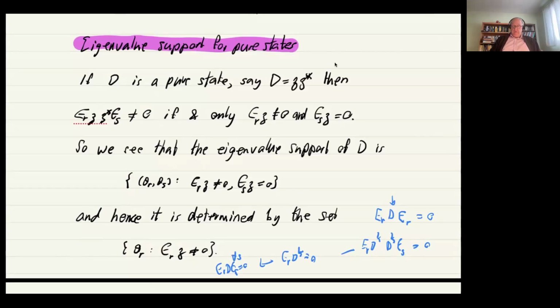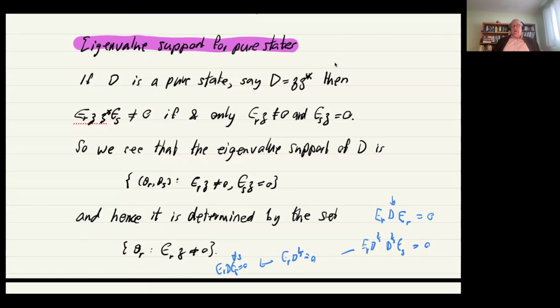So the diagonal terms matter. In the pure state case, they're the only terms that matter. In general, they still matter. One way of thinking of it is you can define a graph with vertices the eigenvalues, and you put an edge from R to S if E_R D E_S is not 0. That gives you a graph.